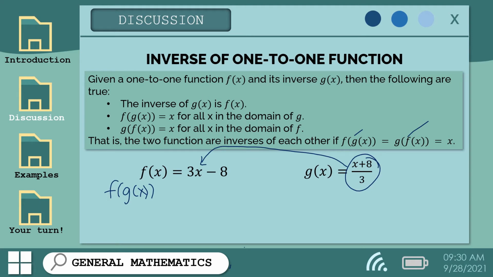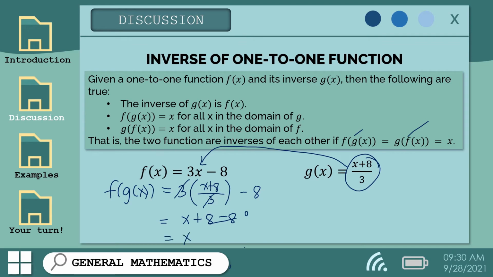Ipapalit po natin siya sa variable na x ng ating function. Ang kalalabasan po is 3 times x plus 8 over 3 minus 8. Kung mapapansin nyo, 3 divided by 3 is already equal to 1. Ang matitira na lang po is x plus 8 minus 8. And combining like terms, ang 8 minus 8 is 0. Nag-equal lang po siya to x.